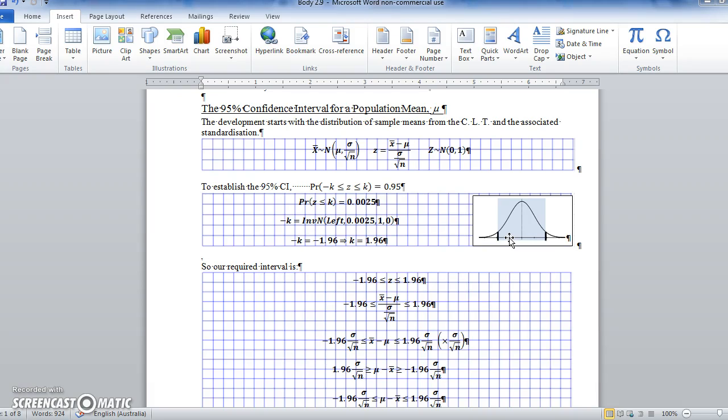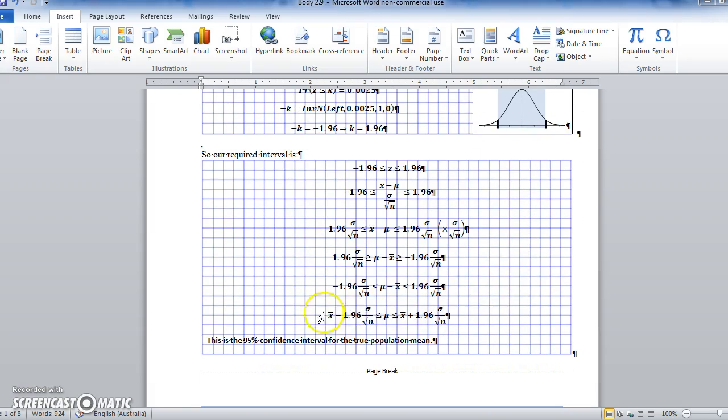If we have a smaller area, then we get more information about our population mean, but we are less sure, or less confident, about our population mean. So we can't be as categorical. So we're 95% sure that our population mean lies in between these two values.